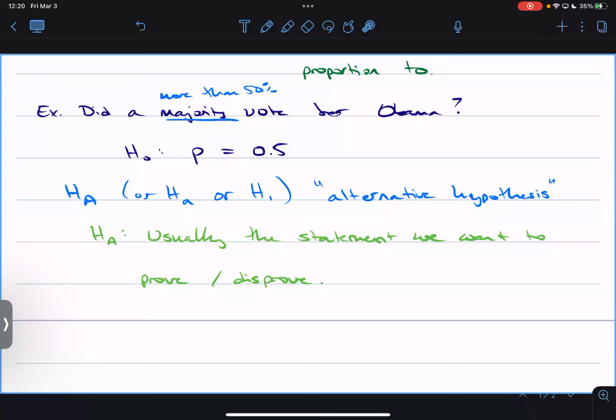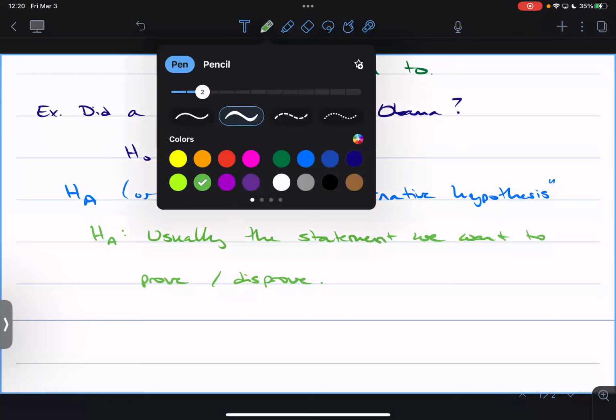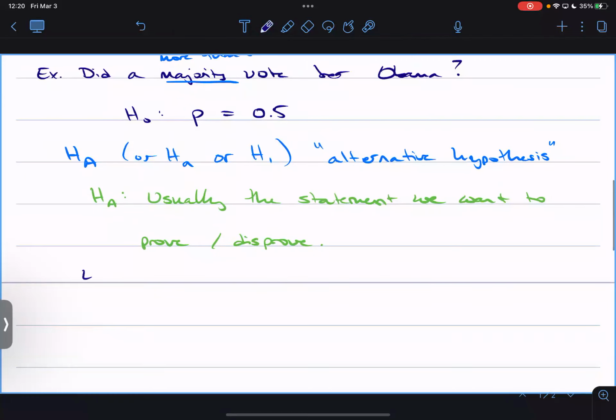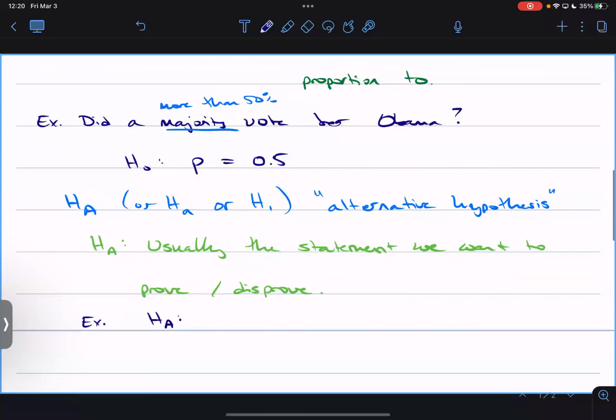So depending on the question, you're going to pick the sign. Okay? And so in terms of the example, for your alternative hypothesis, if I want to know, did more than 50% vote for Obama? Really what I want to know is, can I say that P is actually greater than 0.5?